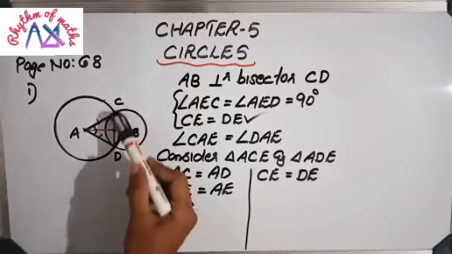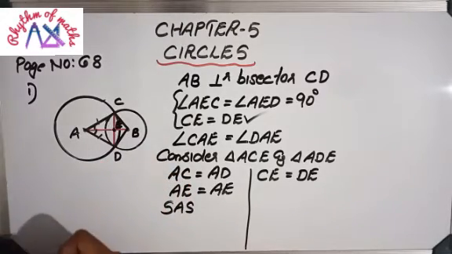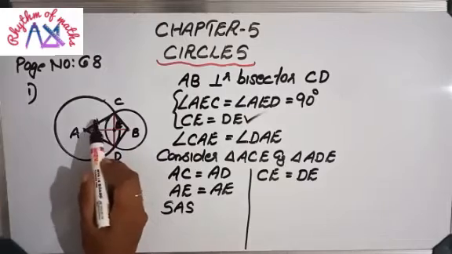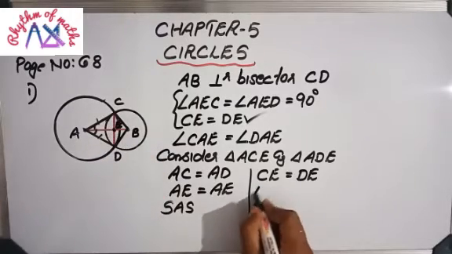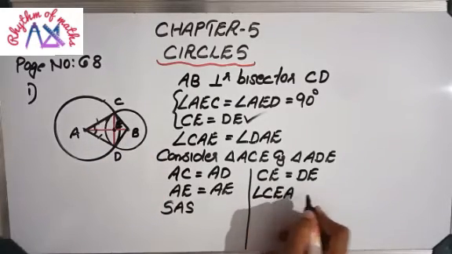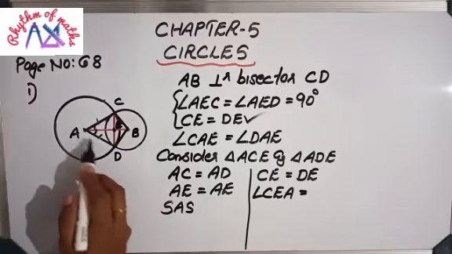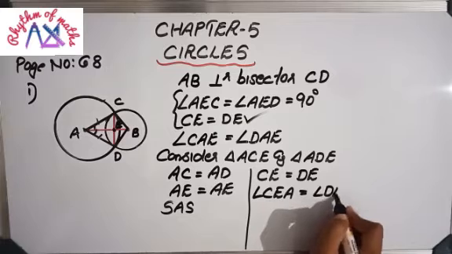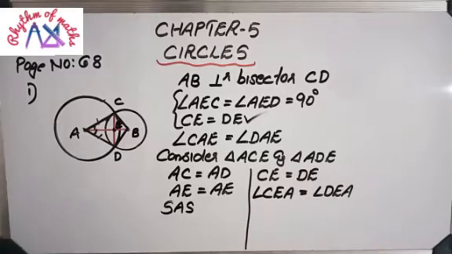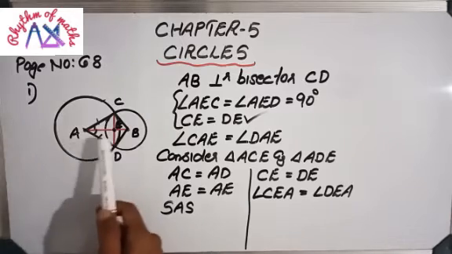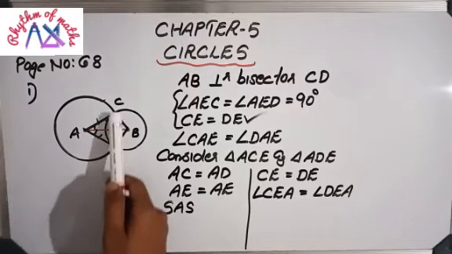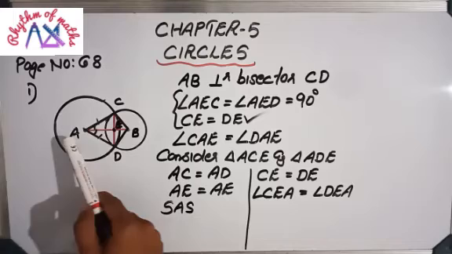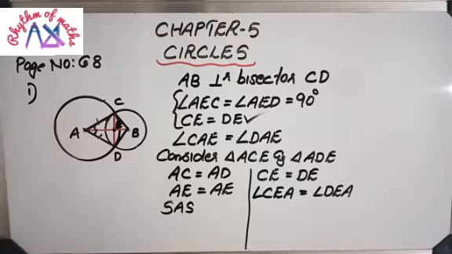Here angle CEA is the opposite of what? AC's opposite is angle CEA, and AC and AD are equal. So AD is opposite what? Angle DEA. These two angles are equal. And here one linear pair is there. These two are linear pair, CD cut by AE. Linear pair means what?